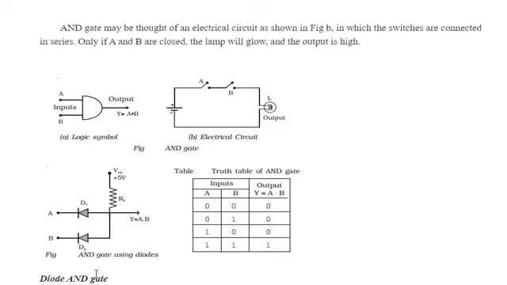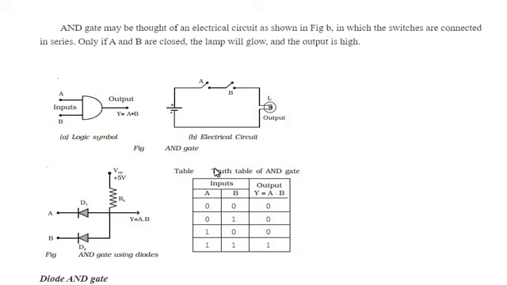This is for your understanding to get a proper idea of AND gate. Okay. So this is one more additional circuit in this video. It is not compulsory to write in your notes.